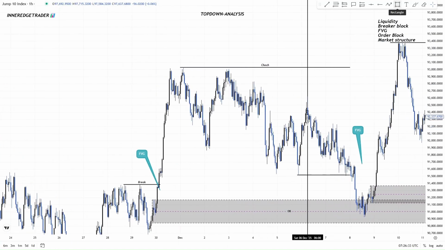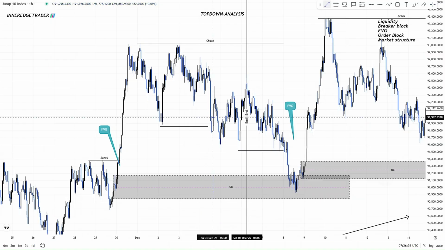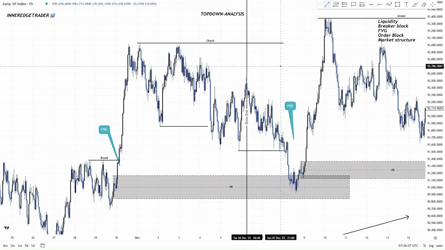You can see on the 1 hour that before making this major swing to the upside, price was making an internal structural shift to the downside, which is this too. This is the break. This is the break.